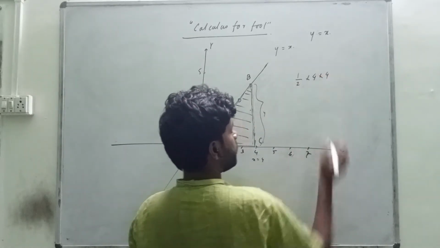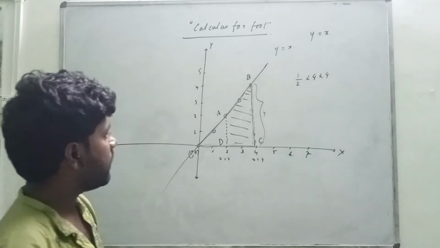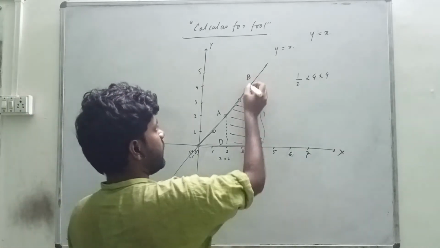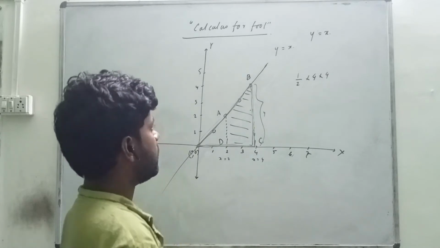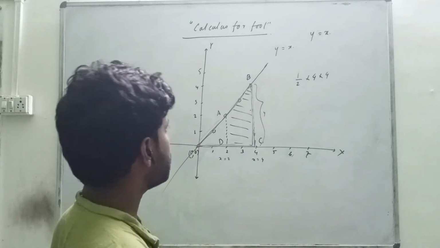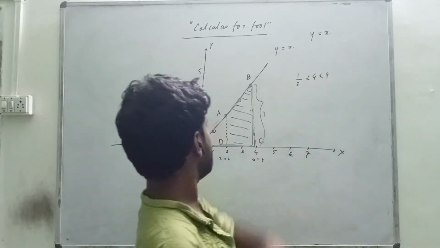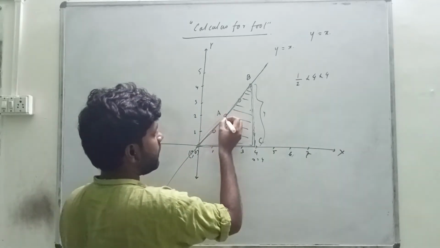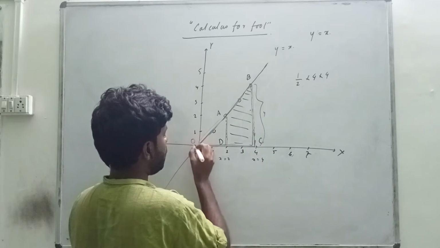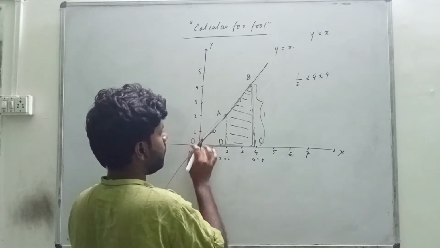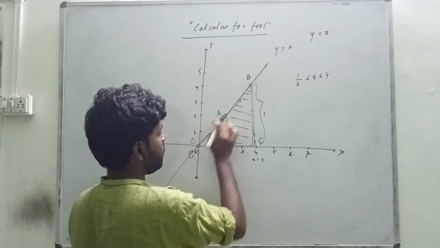So half into 4 into 4 is the whole area, right? And if I subtract from it this small area, the triangle OAD, name it O, OAD, right?